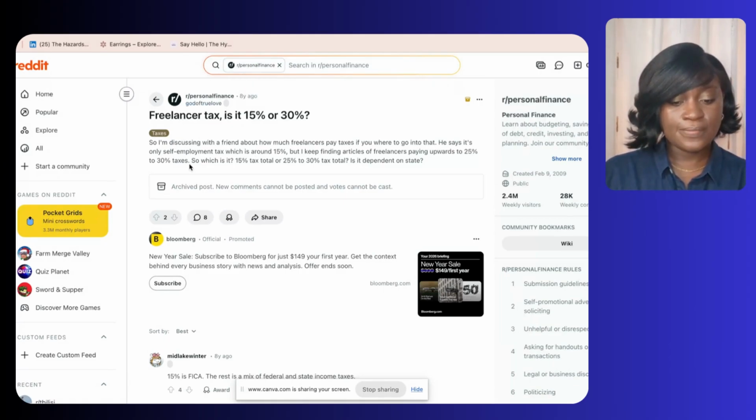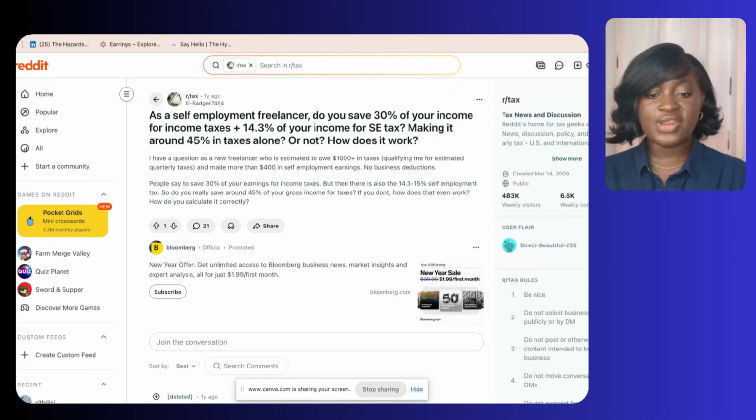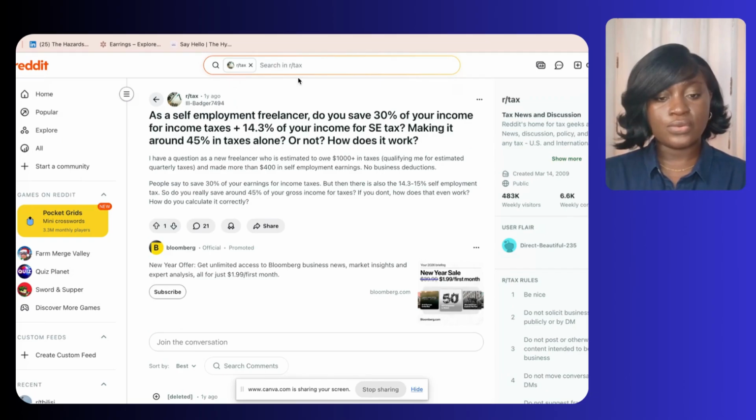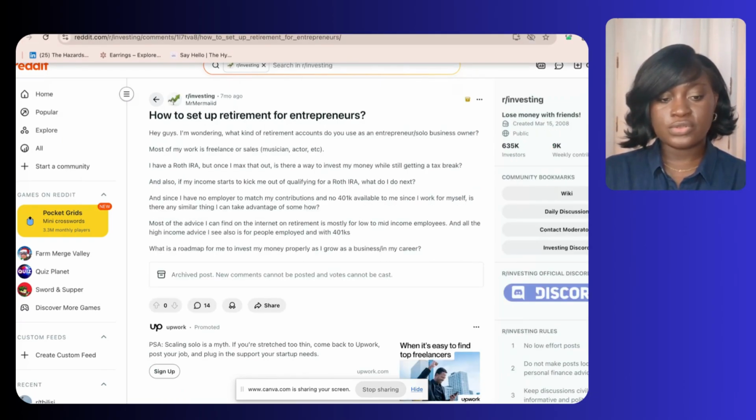You can see this group. This is personal finance, asking about taxes, freelance tax. We also came to this one talking about a freelance employer, a self-employed freelancer: what part of your income are you deducting as taxes? How to set up retirement for entrepreneurs.